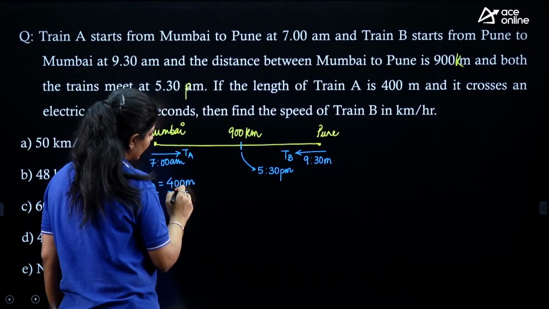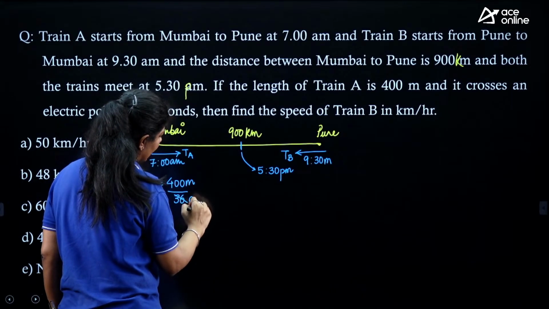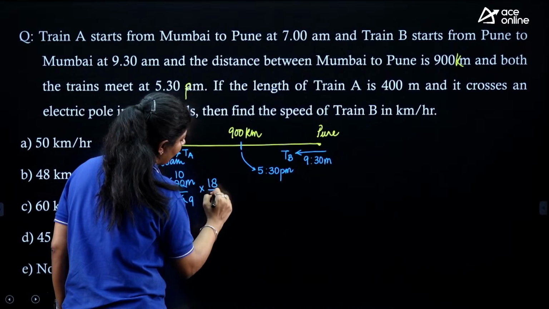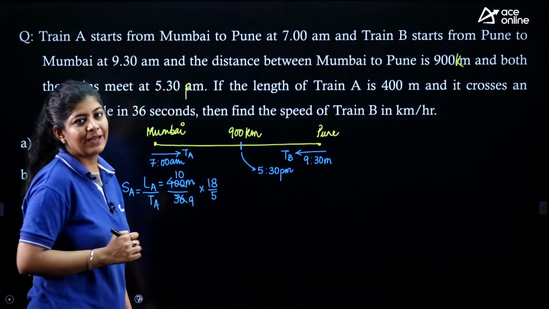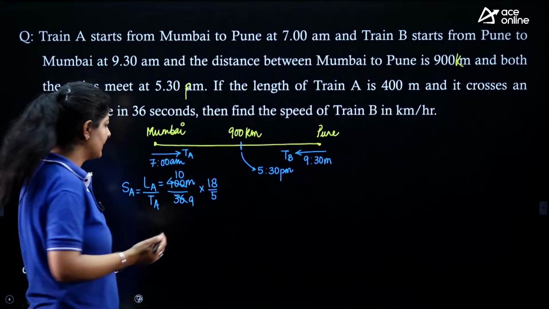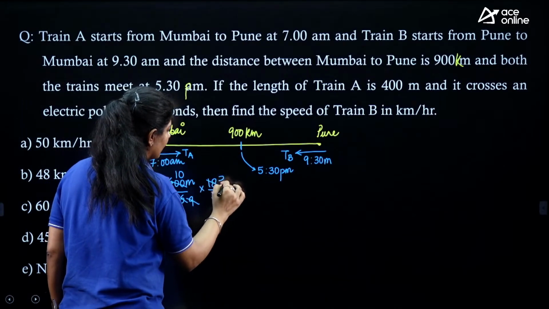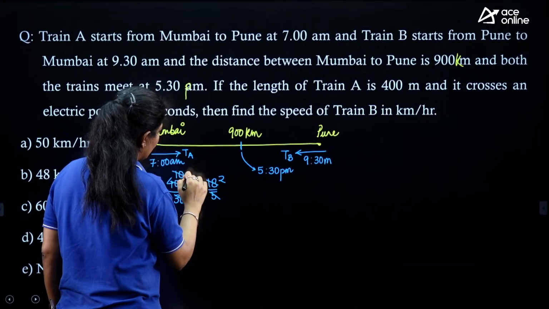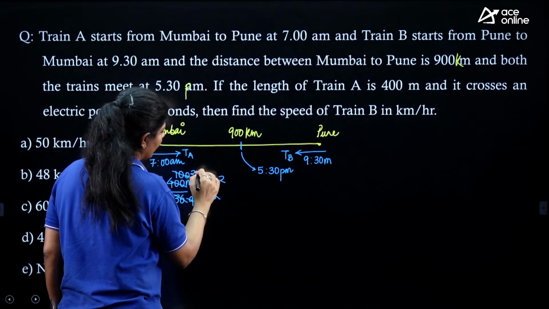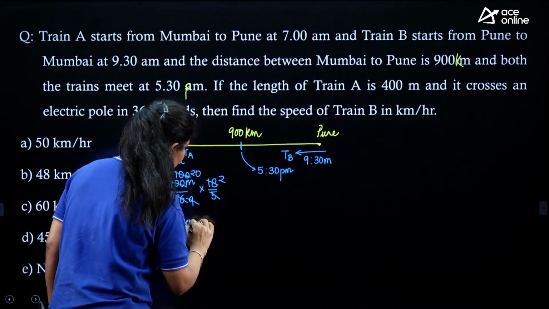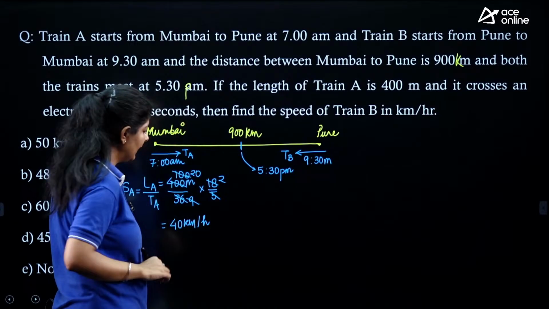So here we are getting 10 into 18 by 5, and why are we multiplying it by 18 by 5? So that we can easily get the value in kilometers per hour. So ultimately the speed of train A that we are getting over here is 40 kilometers per hour, right?